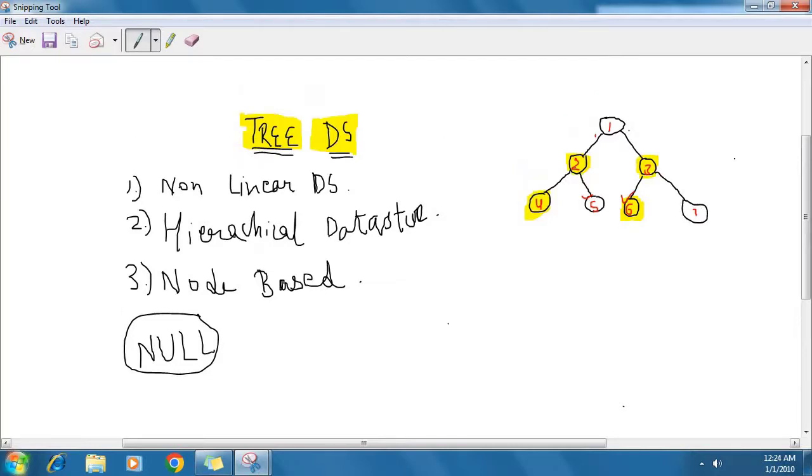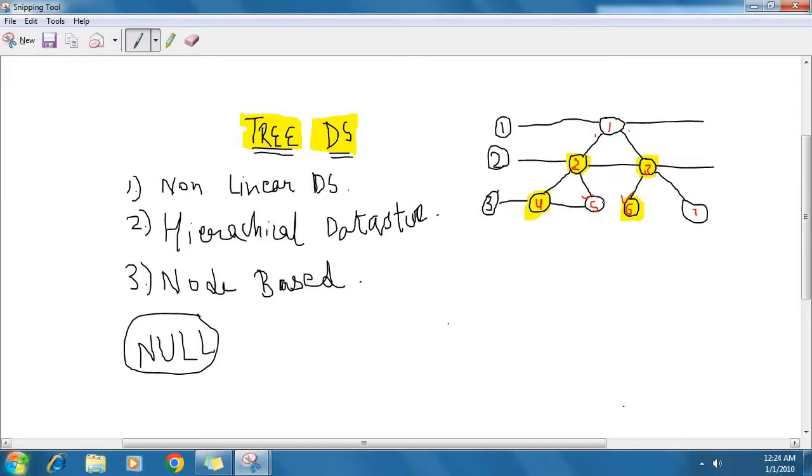If I talk about the levels of this tree, this will be the first level. This will be the second level of the tree. And this will be the third level of the tree. Clear?